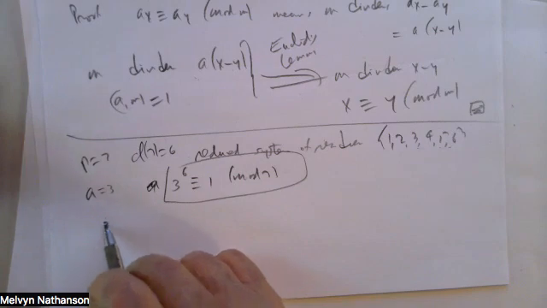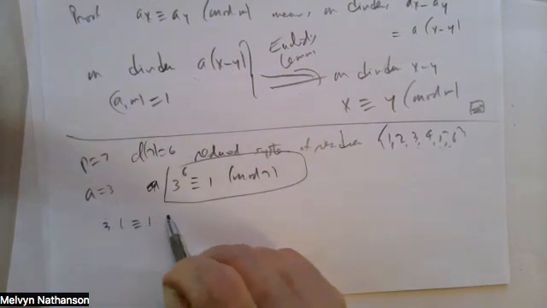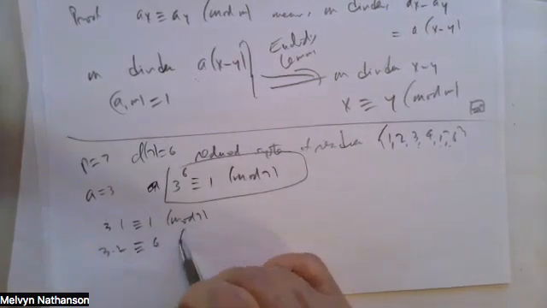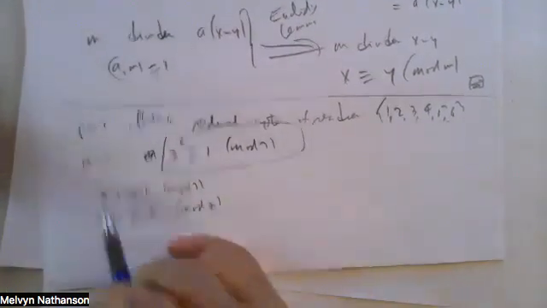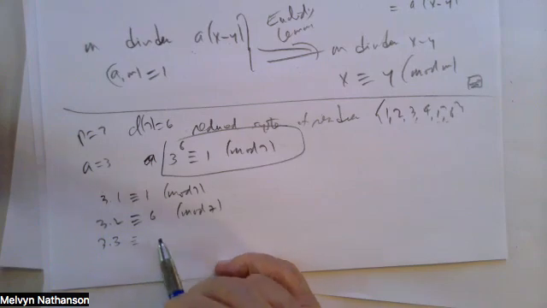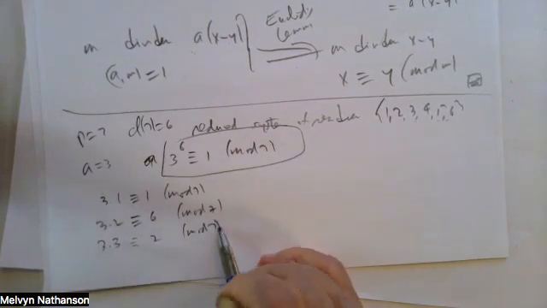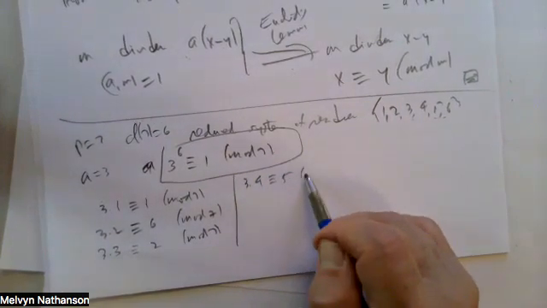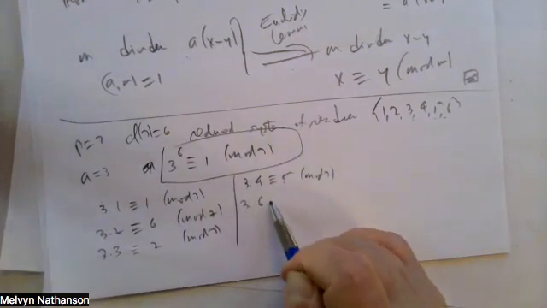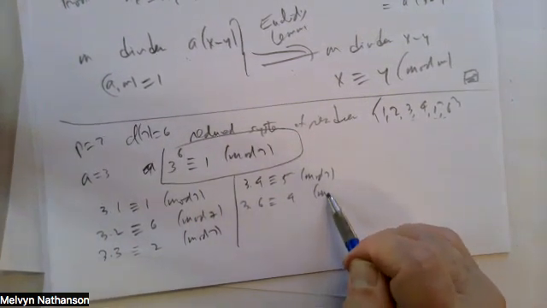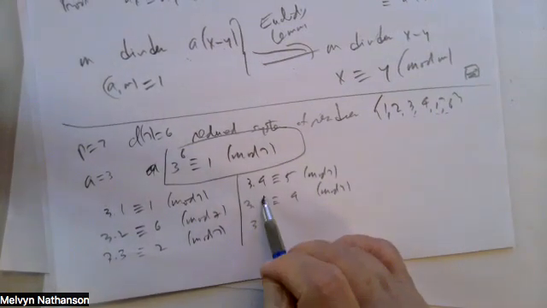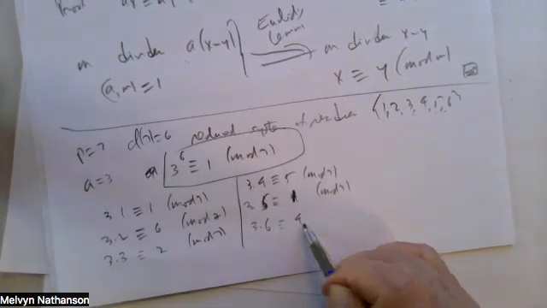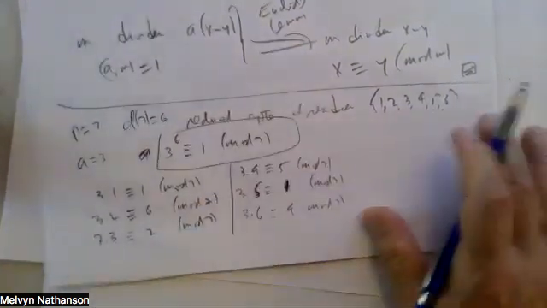So 3 times 1 is congruent to 1 mod 7. 3 times 2 is congruent to 6 mod 7. 3 times 3 is 9, congruent to 2 mod 7. 3 times 4 is 12, congruent to 5 mod 7. 3 times 5 is 15, congruent to 1 mod 7. And 3 times 6 is 18, congruent to 4 mod 7.